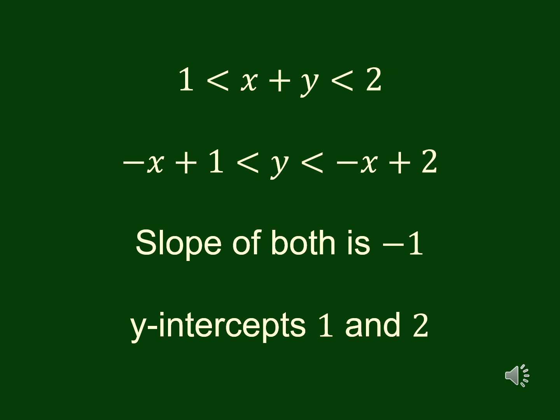Now, if you think back to y equals mx plus b, the slope is always the number by x. And here, since they both say negative x, that would be negative 1. The y-intercept is the number by itself, which for the first line is going to be 1, and for the second line is going to be 2.